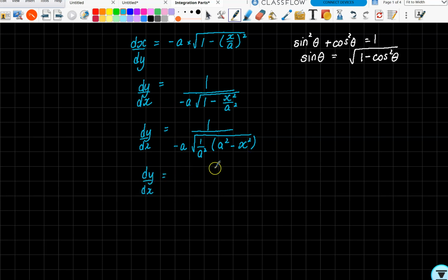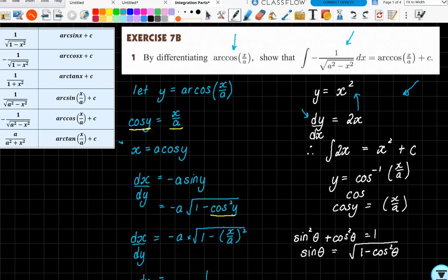And we are now a step away because with minus a, I can square root 1 over a squared. That becomes 1 over a. Okay, we've got that, and that leaves us with minus 1 all over root a squared minus x squared. So therefore, the integral of this has to be our original function.